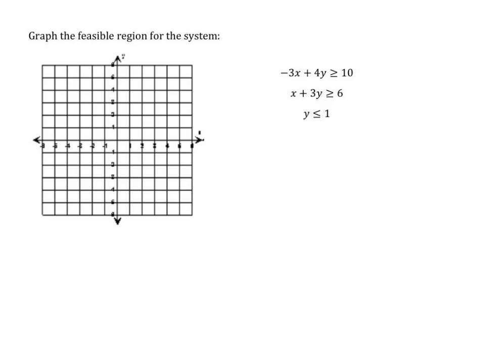Graph the feasible region for the system. So let's first start by getting y into the form of slope-intercept. So we have negative 3x plus 4y is greater than or equal to 10.